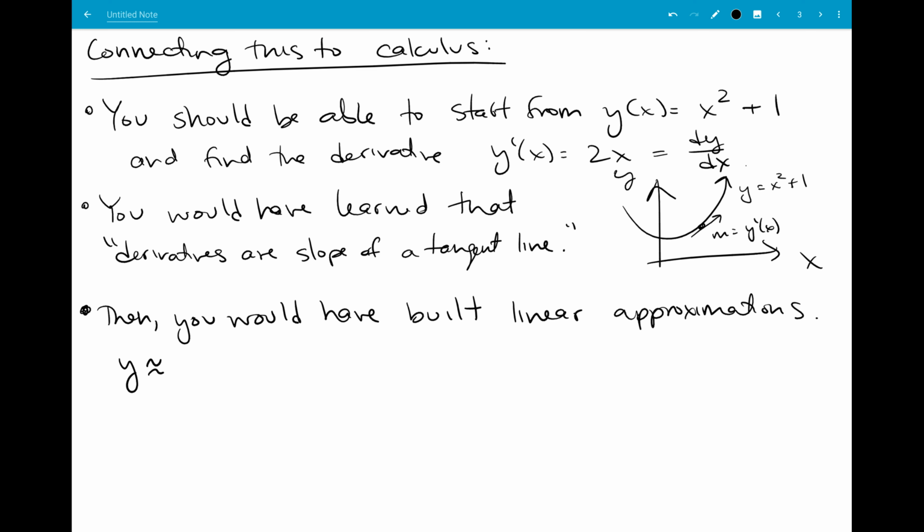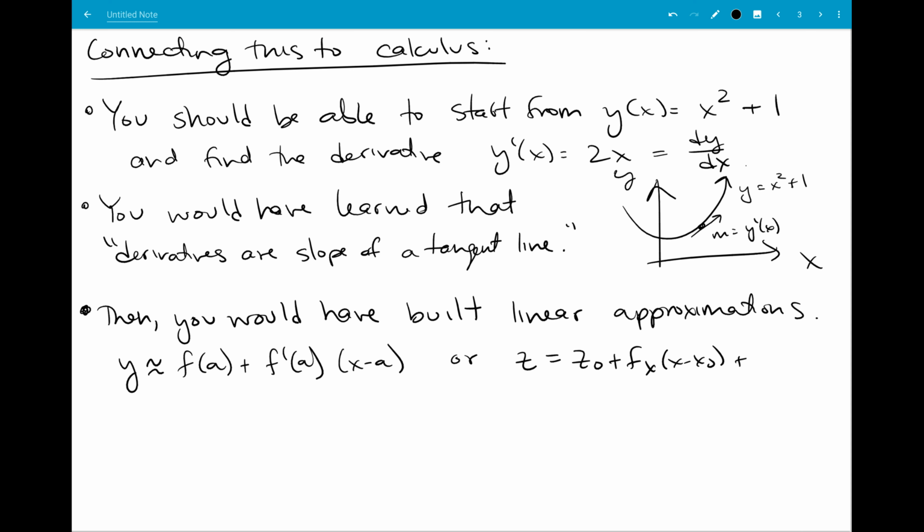So that would be something like y is about f evaluated at a point plus the derivative times the distance between some x you want to get to and a, or in multivariate calculus, like z is equal to z0 plus fx times (x minus x0) plus fy times (y minus y0) for the tangent plane, which is just a linear approximation in more than one dimension.